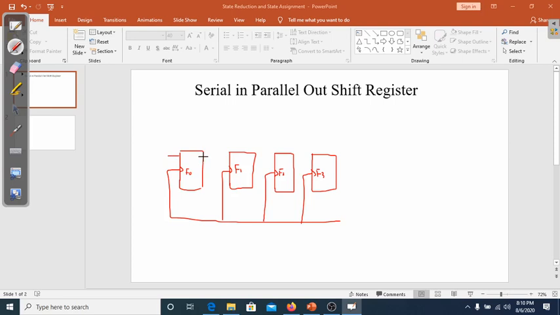The input of the first flip-flop is the output of the second flip-flop. And the output of the second flip-flop is the input of the third flip-flop. Similarly, the output of the third flip-flop is the input of the fourth flip-flop.